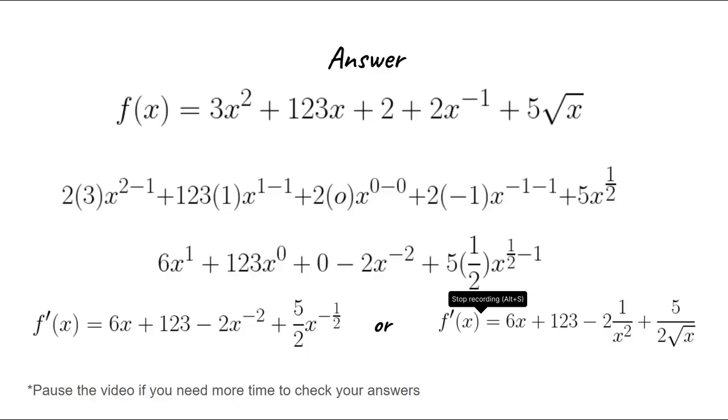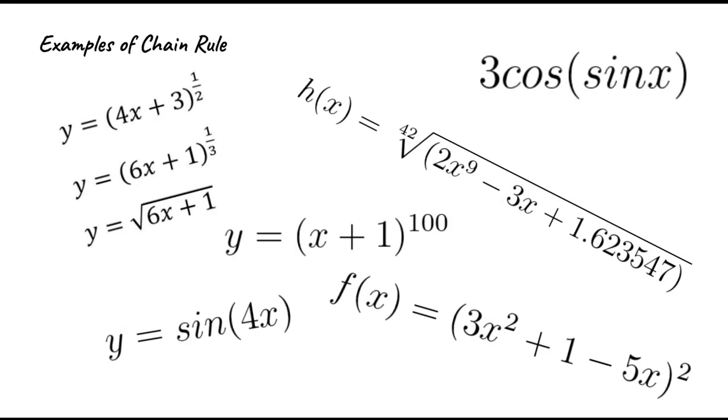And negative 1 minus 1 is also negative 2, so the exponent is negative 2. The trickiest part is noticing the square root of x can be written as x to the power of half, and then you can use your power rule from there.